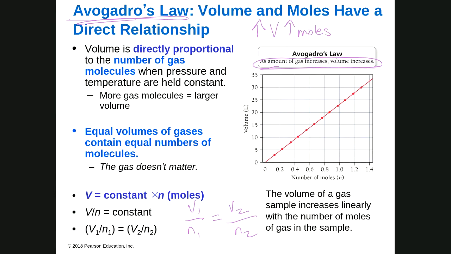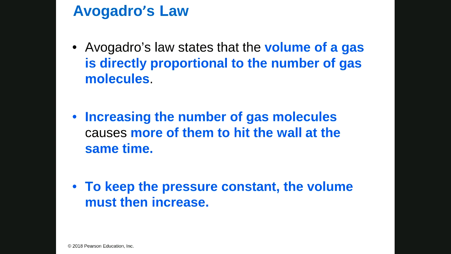So if you have mixed things, you only look at gas when you're looking at this. All right, so the volume of a gas is directly proportional to the number of gas molecules. If you increase the number of gas molecules, more of them are going to hit the wall at the same time. All right, and so since you can't increase the pressure, you have to increase the volume.